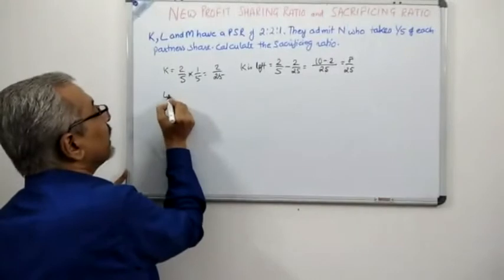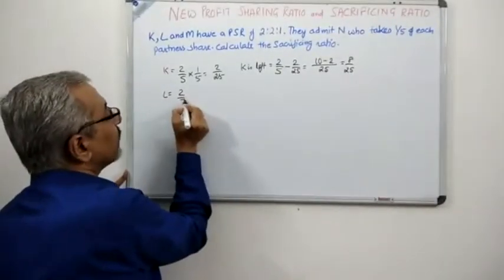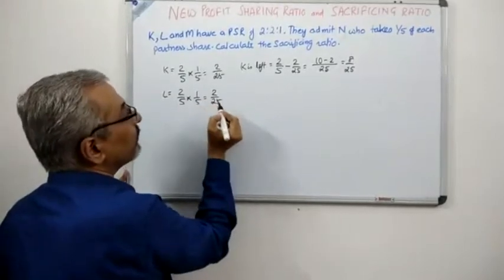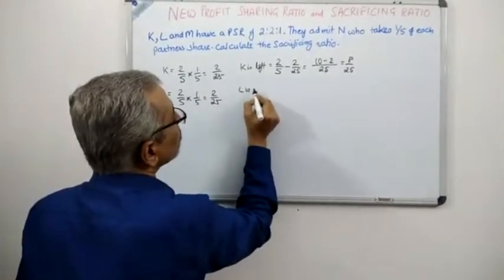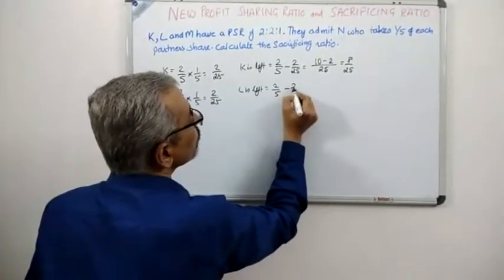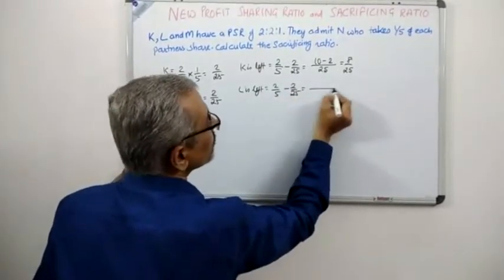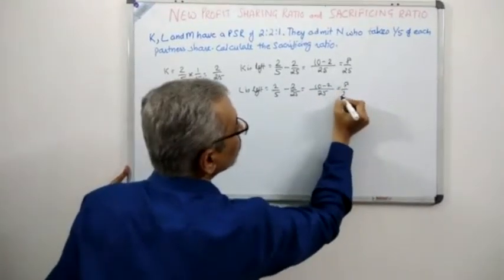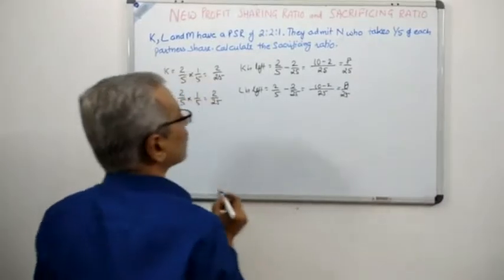Now let us see L. L also has 2/5 into 1/5, that is again 2/25. So L is left with 2/5 minus 2/25, same calculation, 10 minus 2 over 25, that is 8/25. Okay, so this is what L is left with.